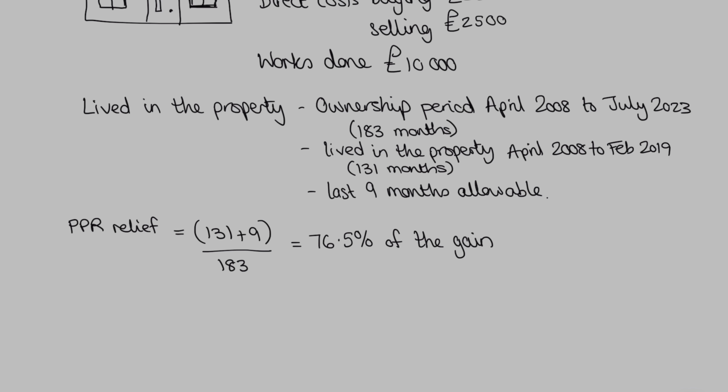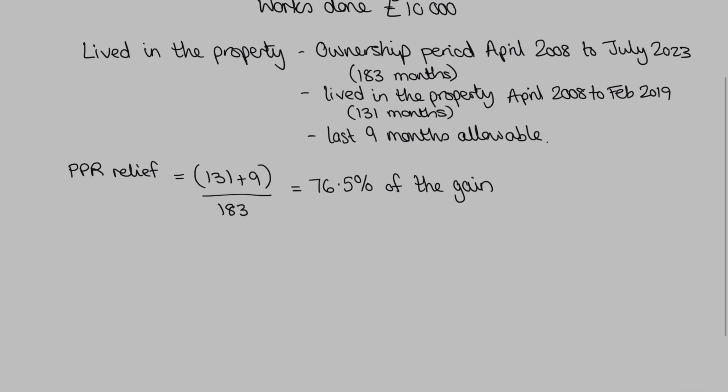Some things to note: it may be that rather than months, we go down to days. So this is a rough sort of calculation today. When we're doing exact calculations, we do need the dates of when things were purchased and sold to get down to the exact figures.